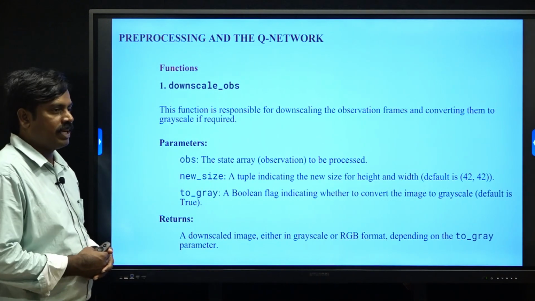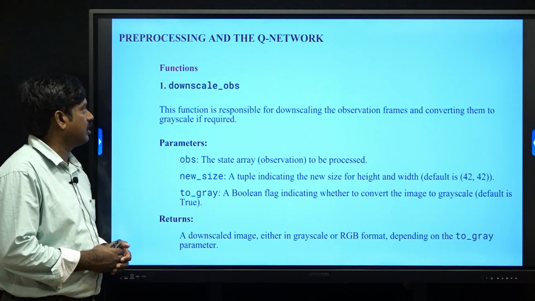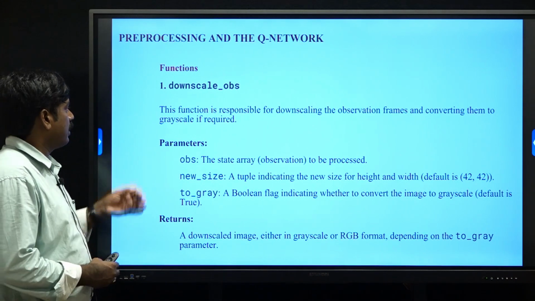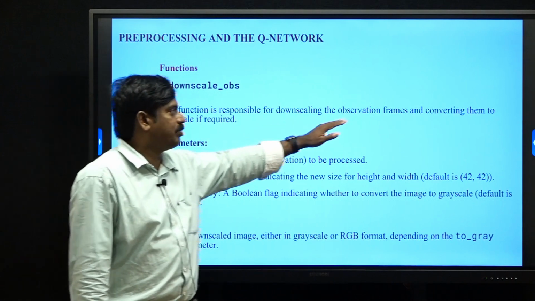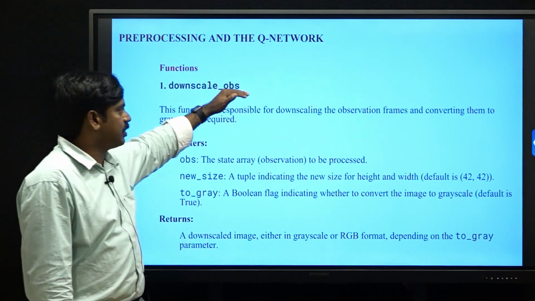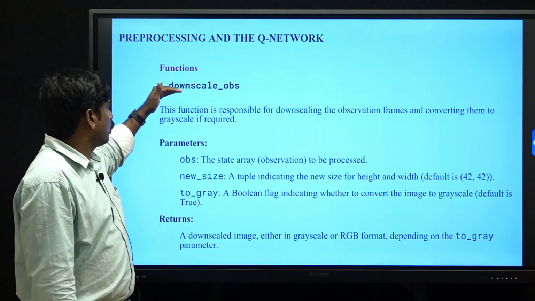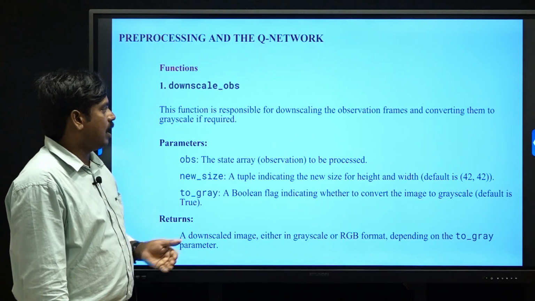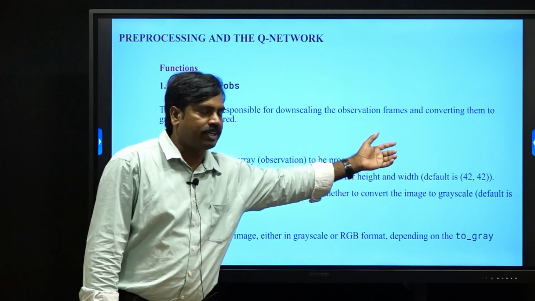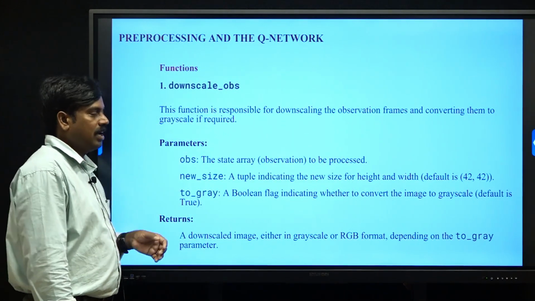The function we generally apply in pre-processing is downscale_obs. This function is responsible for downscaling the observation frames. OBS means observation frames. So, the downscale_obs function is applied to downscale the observation frames and convert them to grayscale if required.